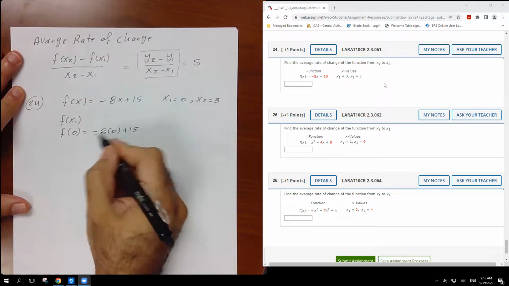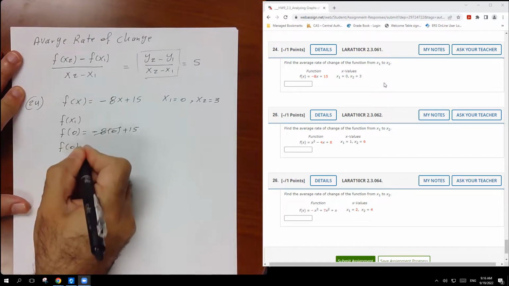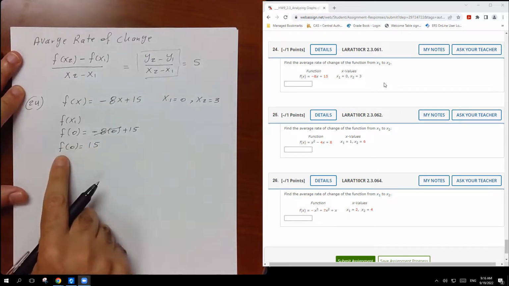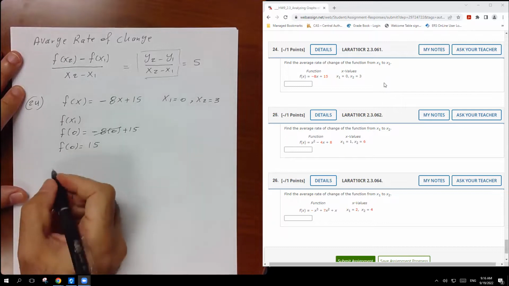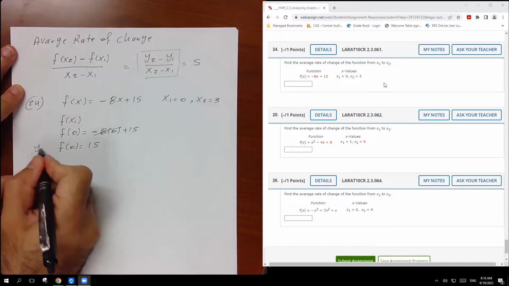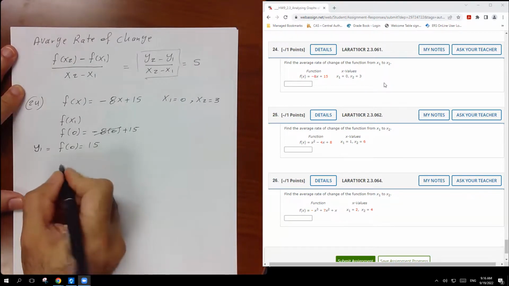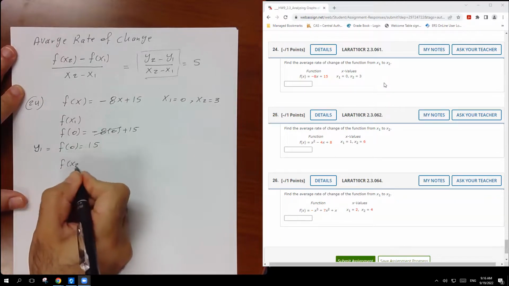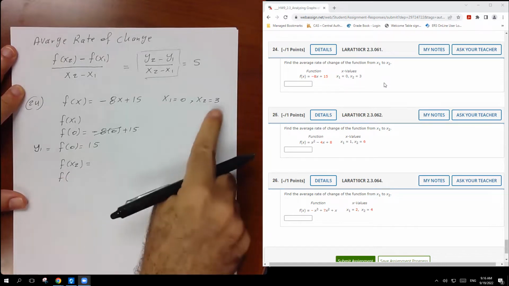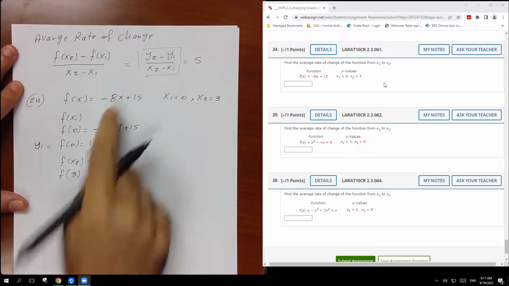Negative 8 times 0 is 0, so f of 0 is going to be 15. This is f of x1, which is y1. Now f of x2: you're going to plug in x2, which is 3. So now we're going to plug in 3 here.